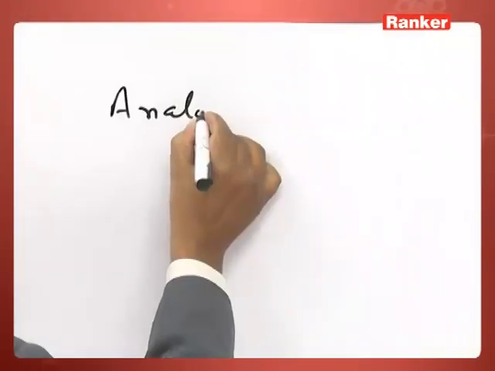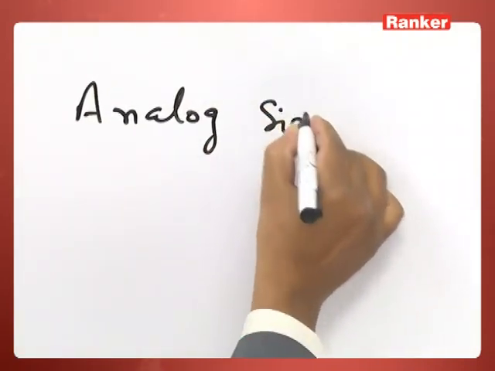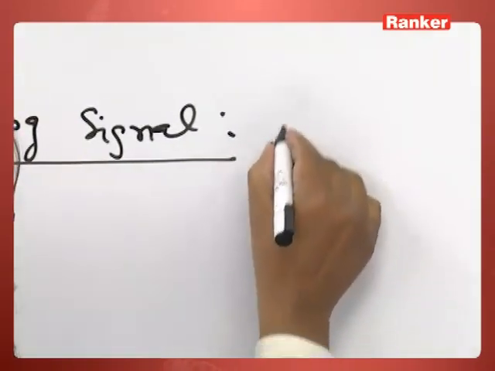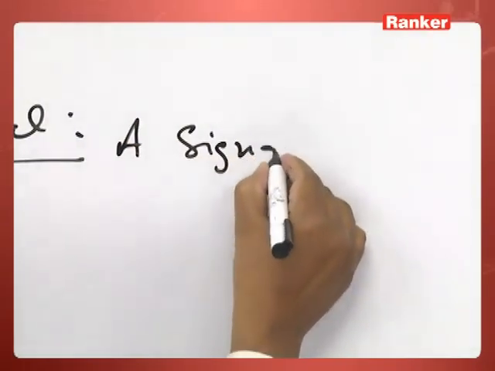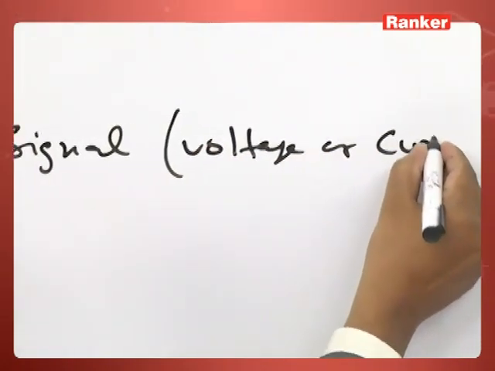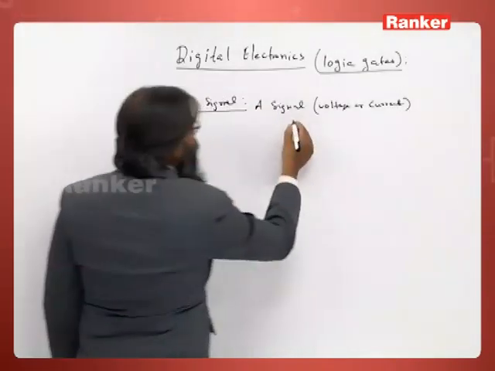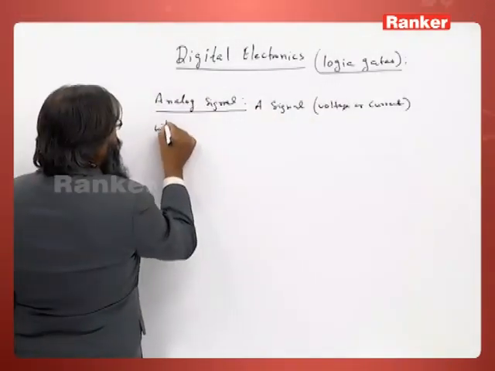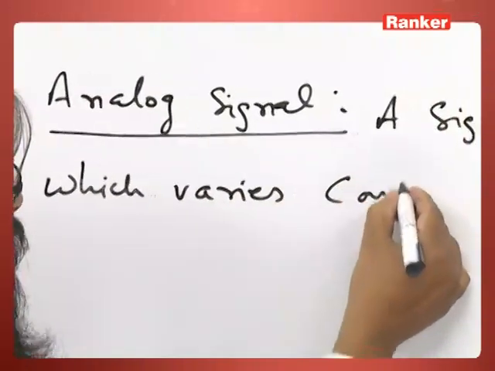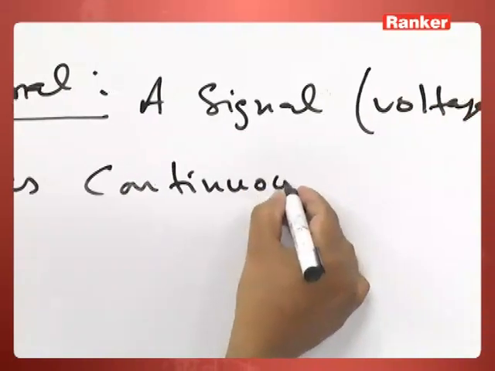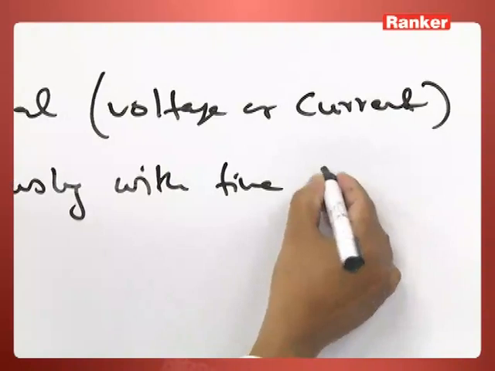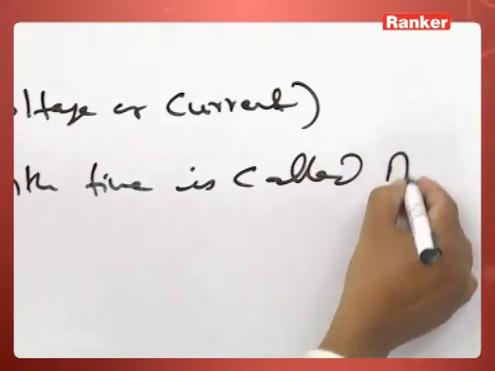Analog signal. A signal that is voltage or current which varies continuously with time is called an analog signal.